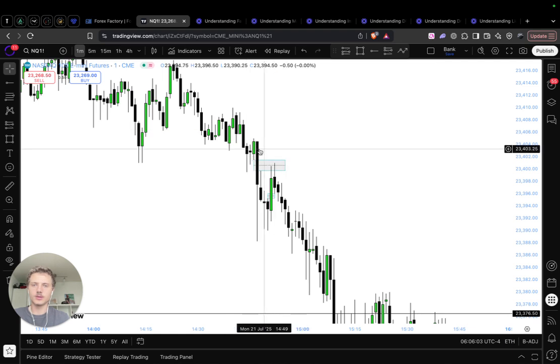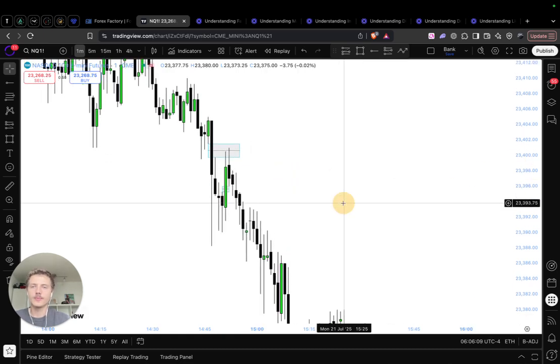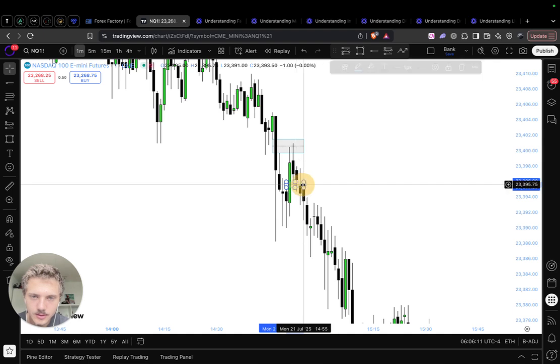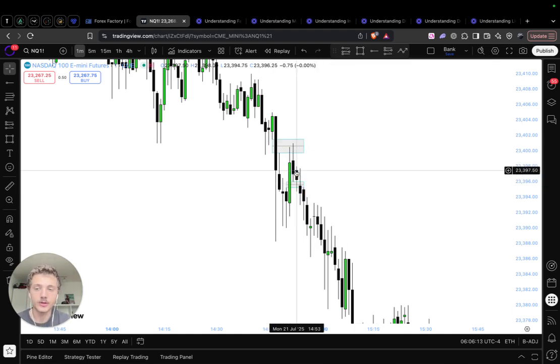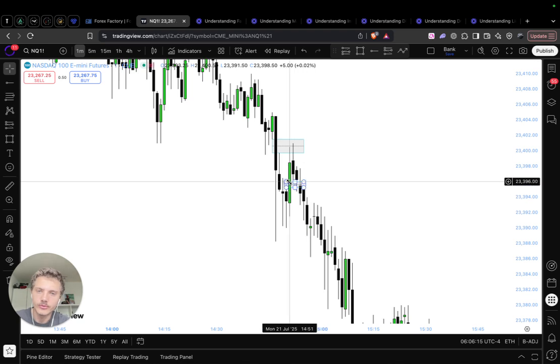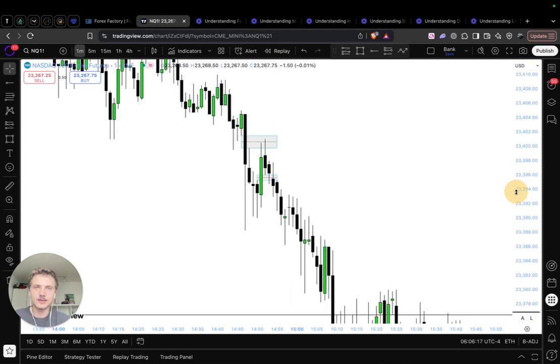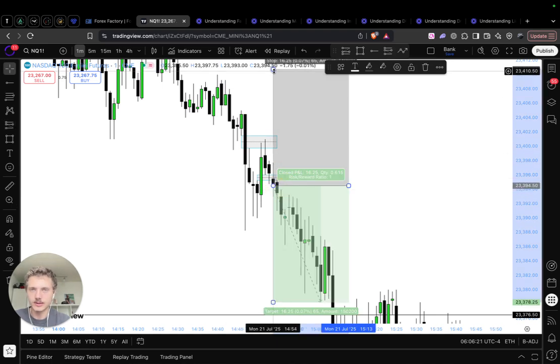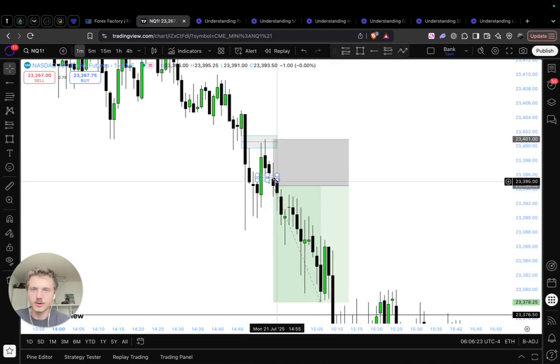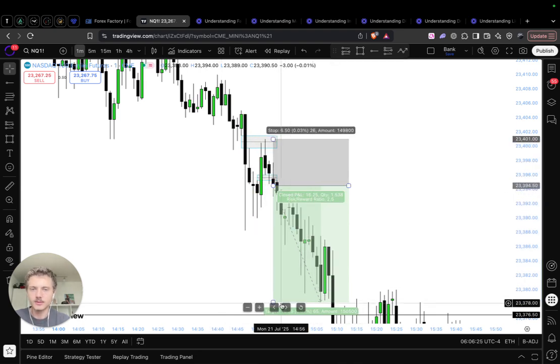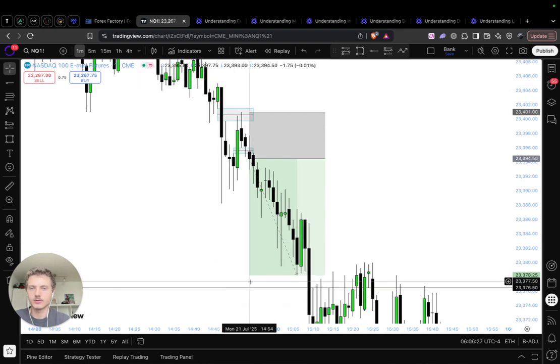Price taps into the condition, boom, and now price is rejecting the condition. And here we have a fair value gap. So in this instance, we would need to wait for price to inverse this fair value gap, right? So on the candle closing beyond it, that's our entry.